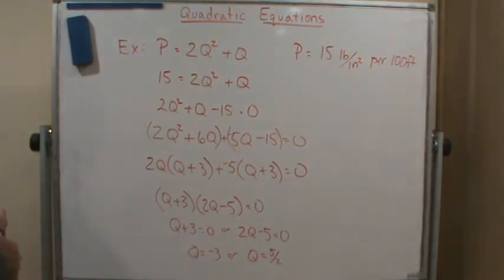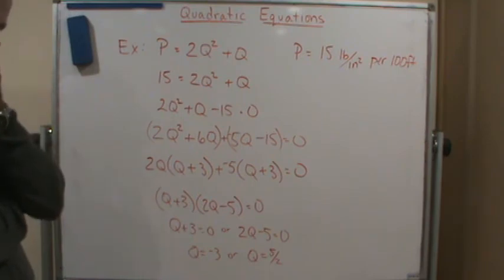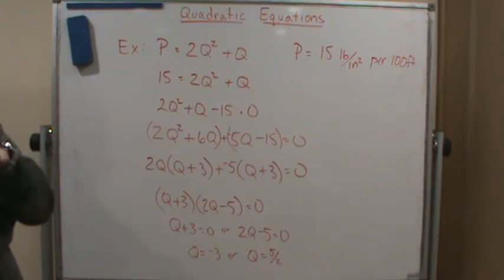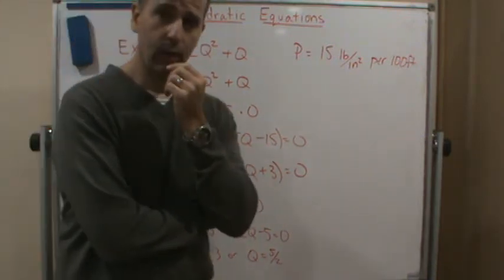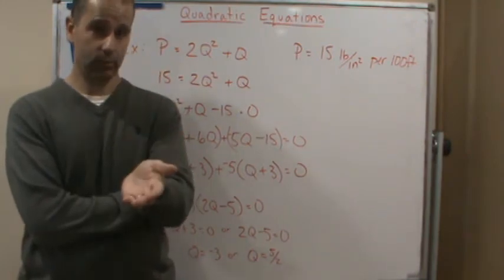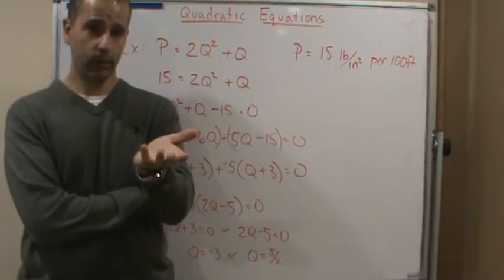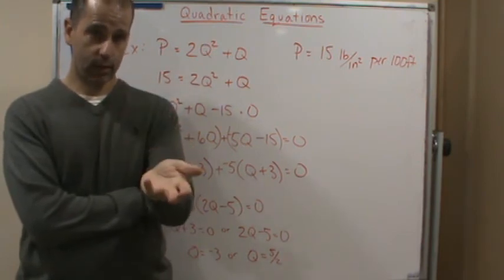And we're done. And then of course now here's the thing. We have to check to make sure this makes sense. Now Q, remember what Q represents. Q represents flow rate, the flow rate of the water going through the hose.